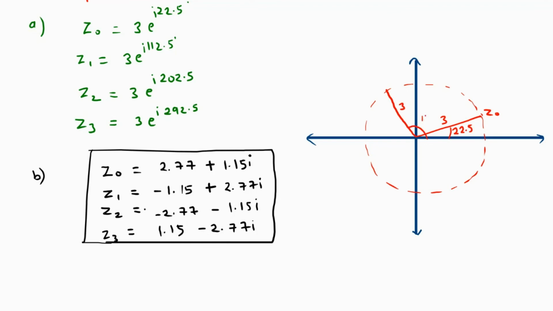Then this angle is 202.5, a little more than 180, so it's somewhere over here, and 292.5 is a little less than 300, so it's somewhere over here, which is 292.5 degrees.